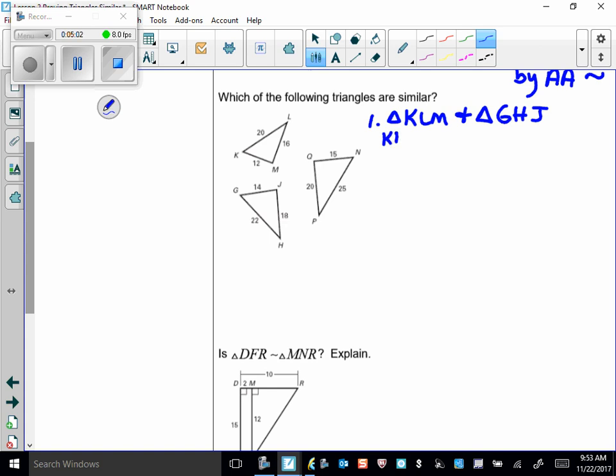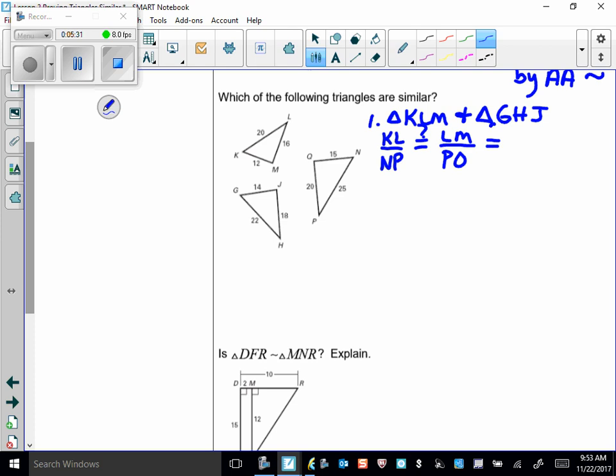So KL over, that's the longest one there, NP, I guess. I'm not sure that order is correct, but we'll just play it by ear for the moment. So if KL over NP is equal to the medium side, LM over PO, I'm going to say.